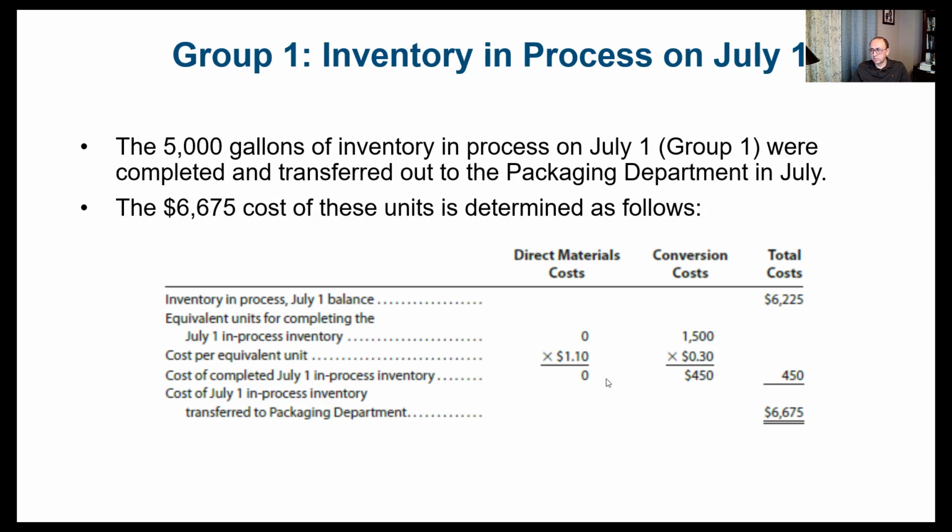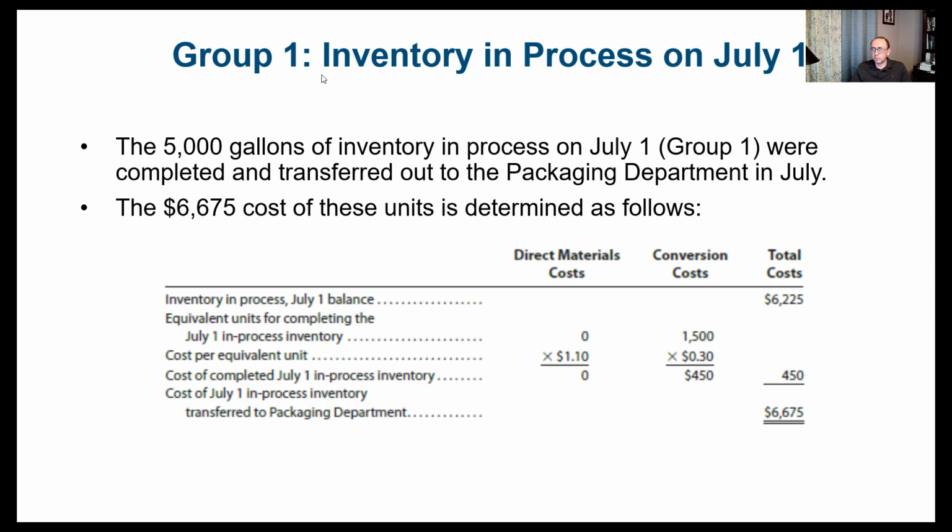For material it's 0, for the conversion it's 1,500 multiplied by 30 cents, that's $450. So the total is $450. We add it to the inventory in process that we moved over from the month of June, and that would be the cost of July 1st in process inventory transferred to the packaging department, which is $6,675.